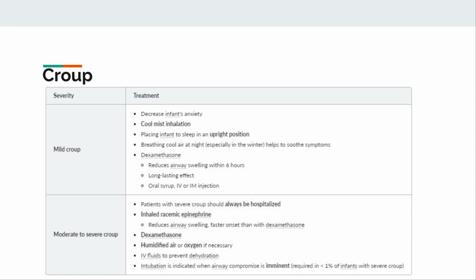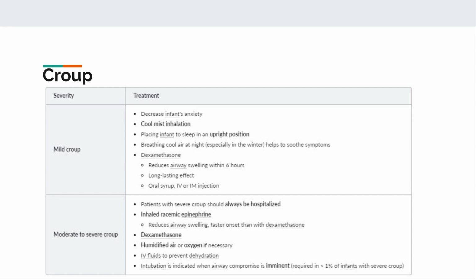Bronchodilators have absolutely no role in croup, because croup has nothing to do with bronchoconstriction. It's an upper airway constriction secondary to edema from a viral infection. So make sure these are very different concepts in your mind, that asthma is the lower airway constriction, which may be triggered by a virus, but croup is an upper airway condition with an inspiratory stridor. There won't be wheeze because there's no constriction.